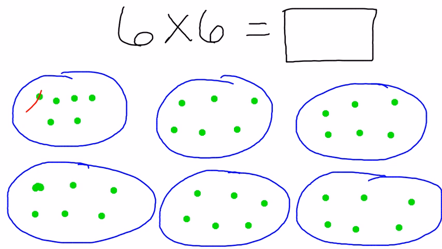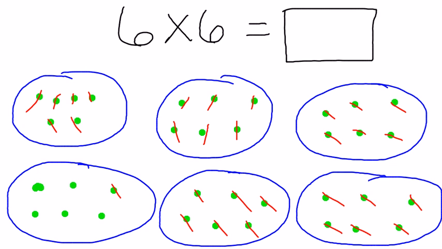Alright, so we have 1, 2, 3, 4, 5, 6, 7, 8, 9, 10, 11, 12, 13, 14, 15, 16, 17, 18, 19, 20, 21, 22, 23, 24, 25, 26, 27, 28, 29, 30, 31, 32, 33, 34, 35, 36. Alright, so we get our answer of 36 again.